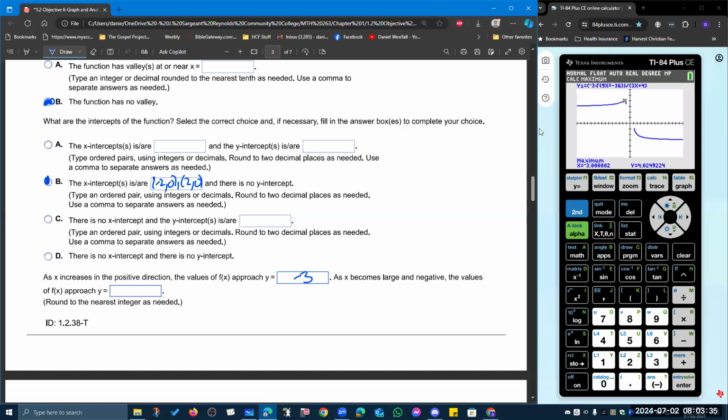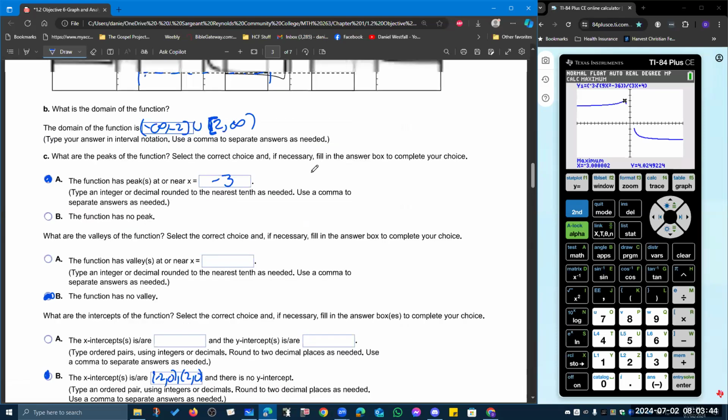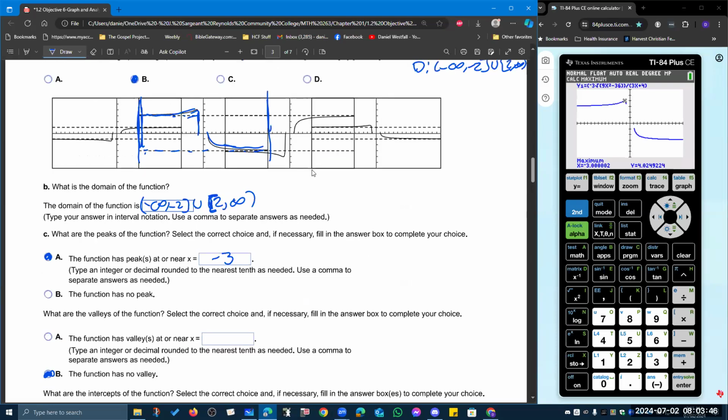And up here, as x goes in the negative direction, y approaches +3, which is that horizontal asymptote. See if I missed anything. Nope, that's everything. So the two asymptotes here are at -3 on this side and +3 on this side.